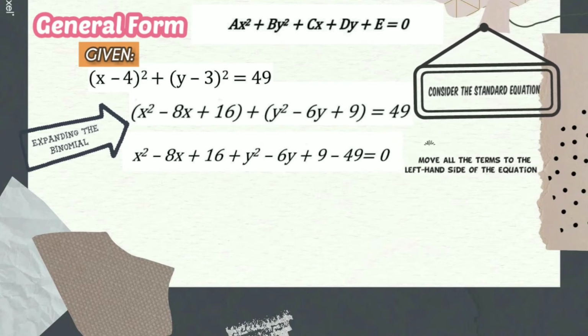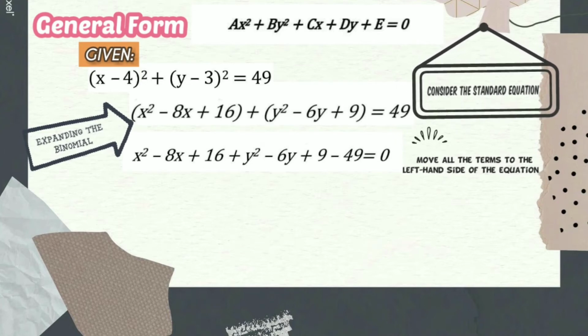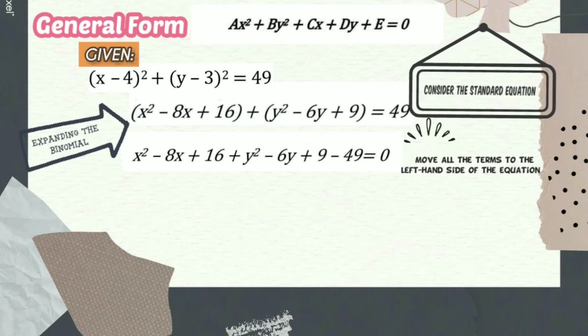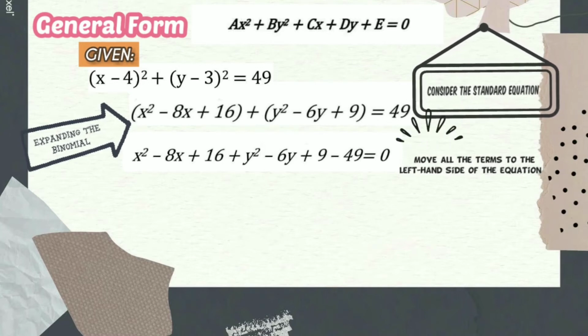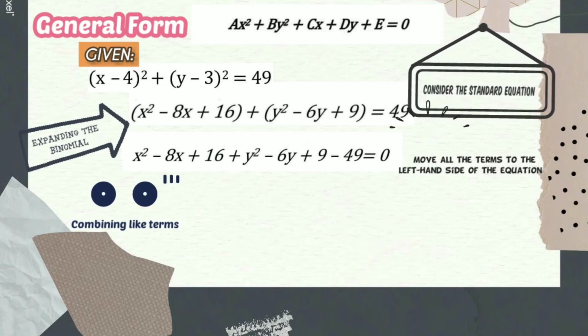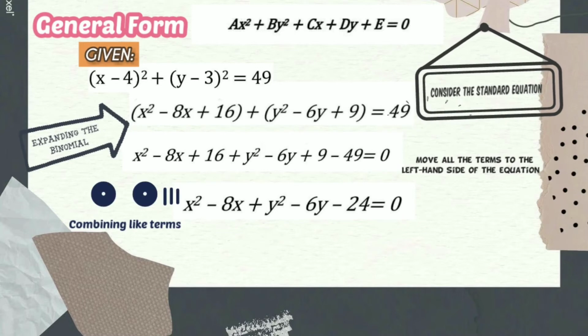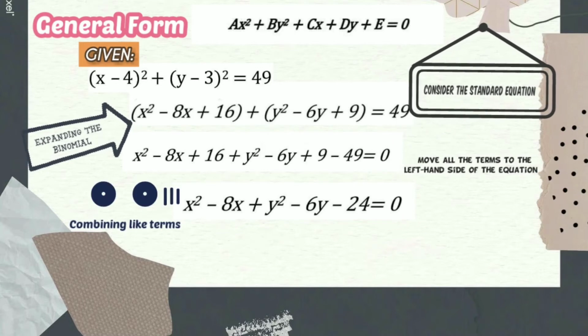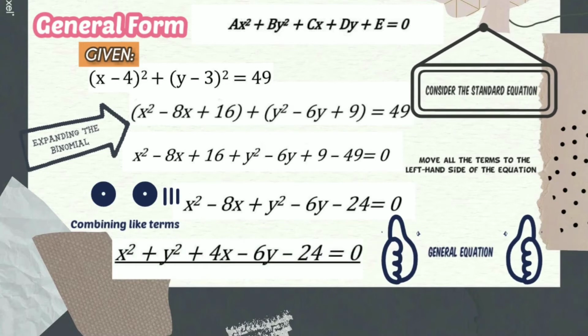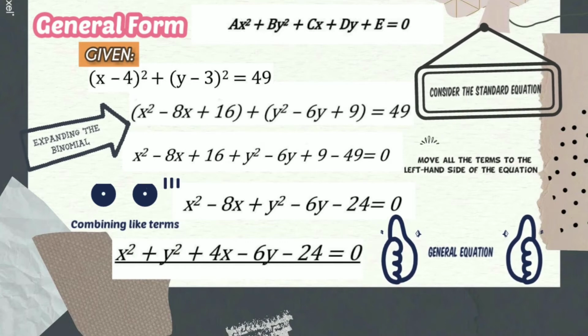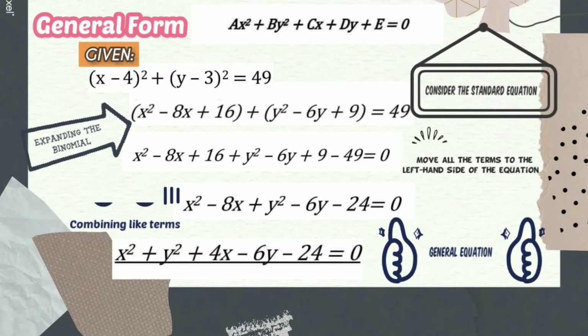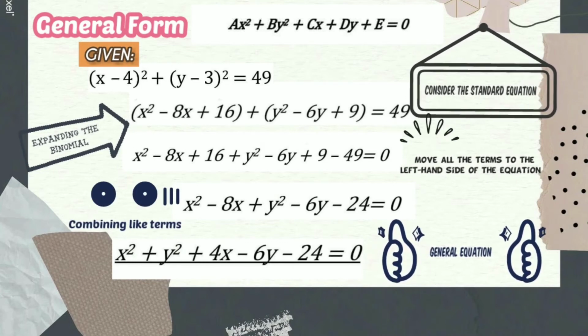So now, we have x squared minus 8x plus 16 plus y squared minus 6y plus 9 minus 49 equals 0. The fourth step to do is to combine the like terms. And that's it. You just need to arrange the variables and the constant to get the general equation. In short, simplify.